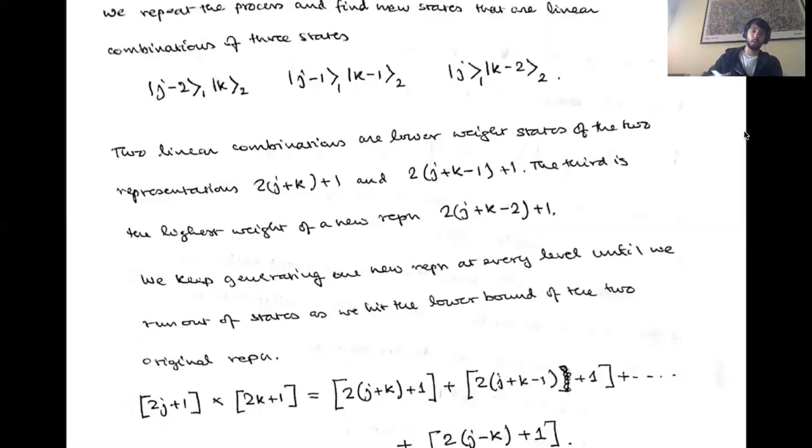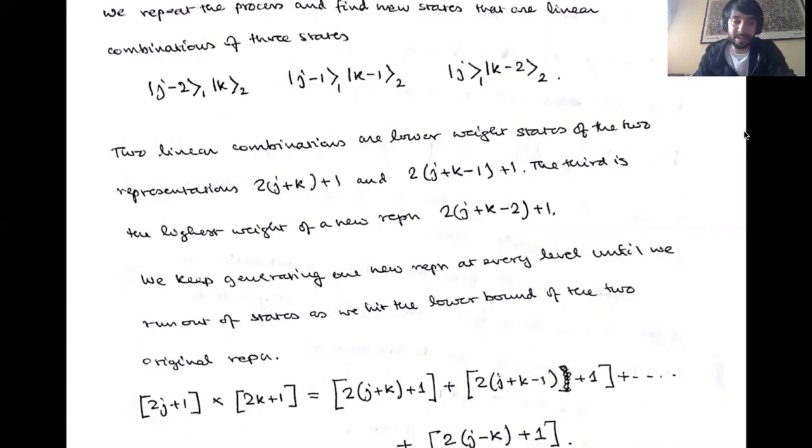So we can go on doing this, repeating at each level, until we find one new representation at each level, until we run out of states and hit the lower bound of the original representation that we had started out with.